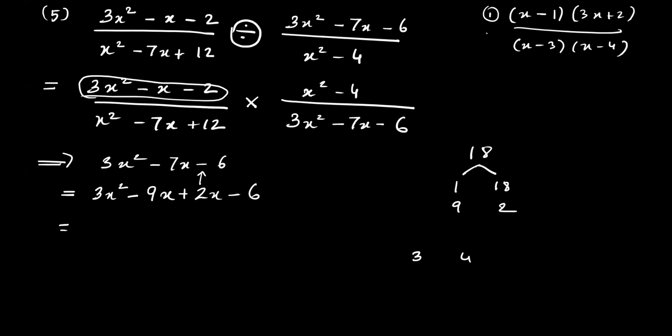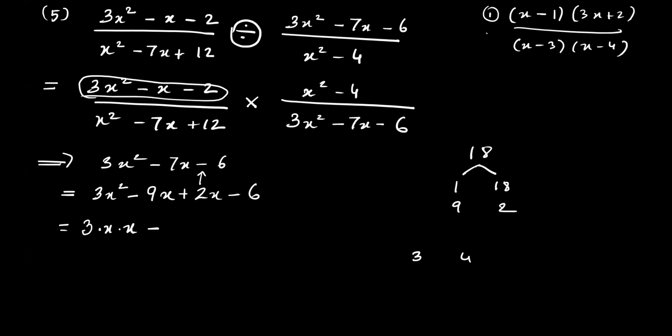Okay, so now if I want to take common, I'll separate 3x square as 3 into x into x. अच्छा, इधर 3 है तो इधर भी 3 आना चाहिए, तो 9 को कैसे लिखूं? Instead of 9 I have to take 3 common, no? तो 9 को can I break it into 3 का table? 3 के table में 9 आता है क्या?